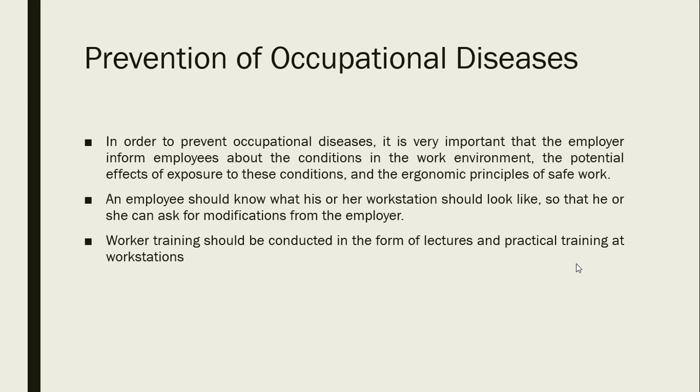Worker training should also be conducted in the form of lectures and practical training at workstations. If your job is skill related, you should have proper training, specifically if the machines that you're going to use are not safe, or though there are machine guards, you should still have proper training to avoid unsafe acts.